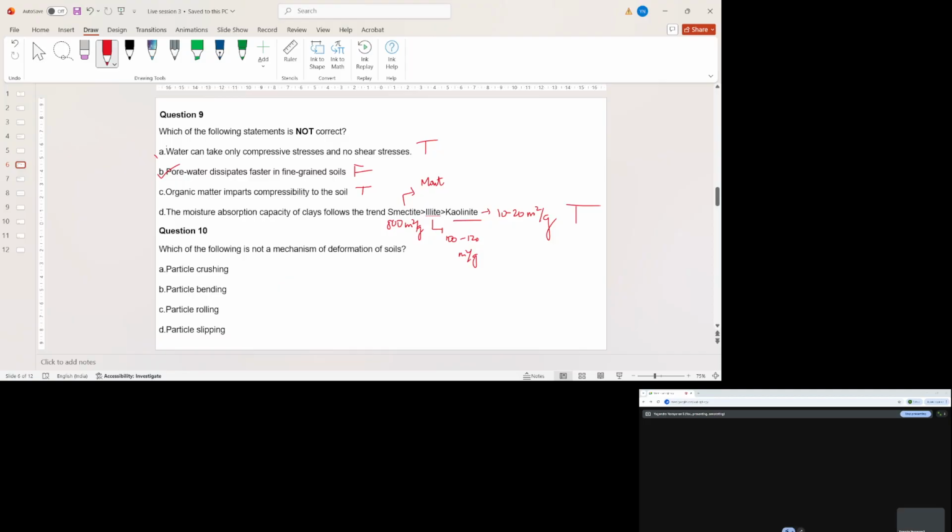Particle slipping is not essentially a term; the slipping occurs in the form of rolling. So the answer for this question, which is not a mechanism of deformation of the soil, is particle slipping. All right. Any doubts?